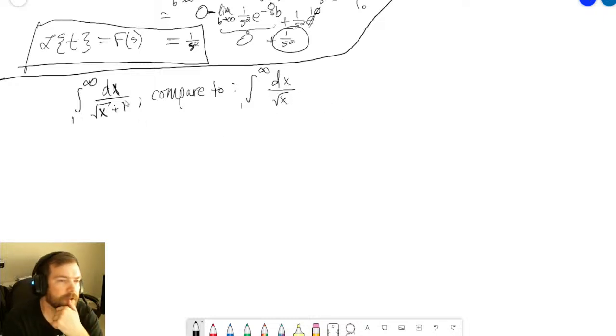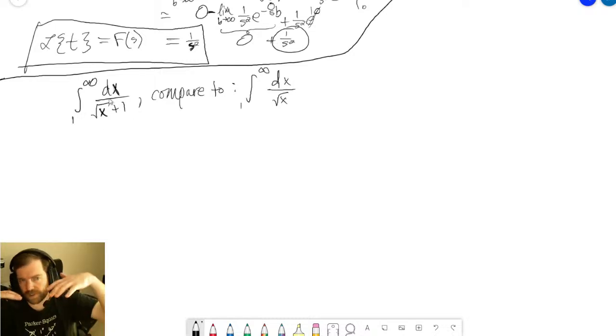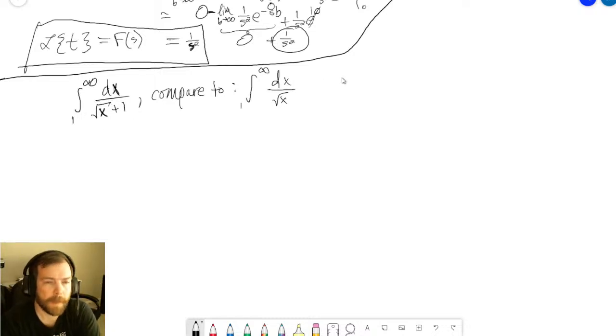Adding a 1 on the outside here is just going to increase the denominator and actually make the whole function just a little bit smaller. So here what we get is that we're actually looking at a function which is slightly larger than the original one that we wanted here.